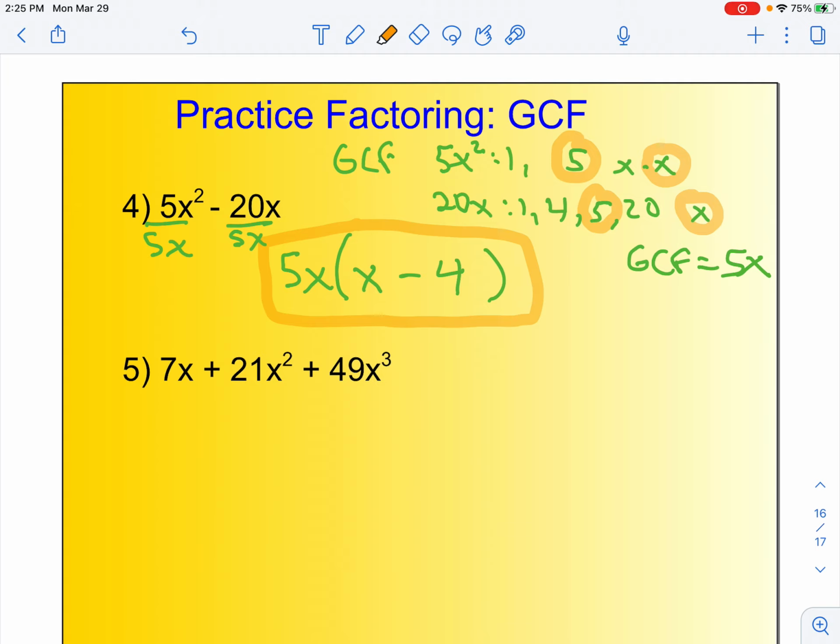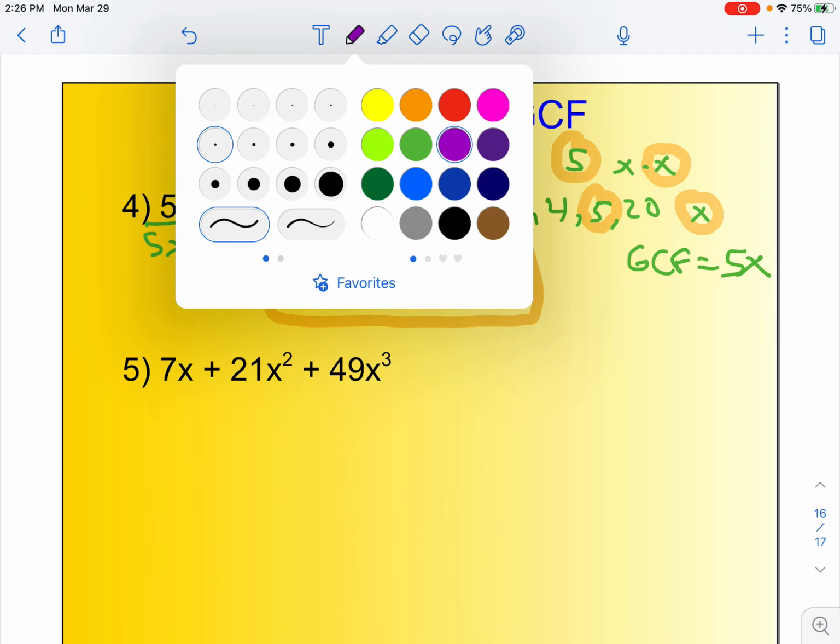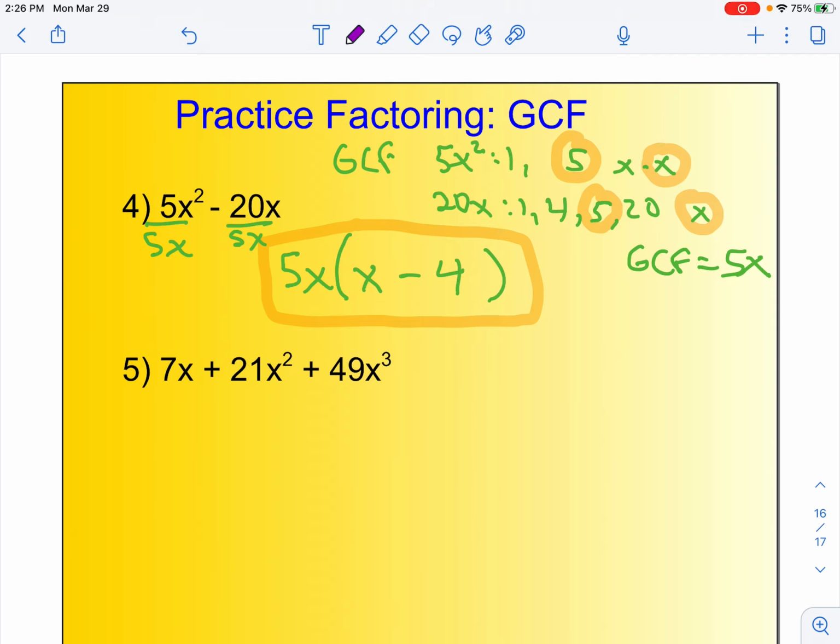So this last one, number 5, is just a little bit more complicated because it's a trinomial, 3 terms instead of 2. But we do the same kind of thing. So to find the GCF, we are looking for the GCF of 7x, of 21x squared, and of 49x to the third.